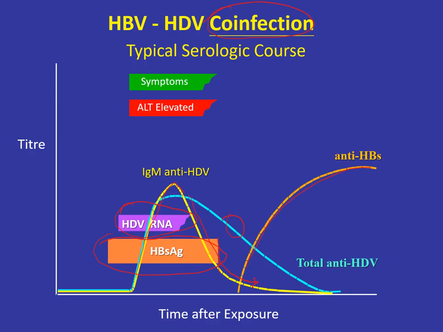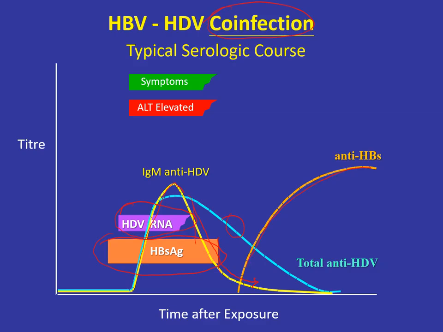Since this is self-limited, the HDV RNA production inside your hepatocytes will also stop, and then the patient will have resolved hepatitis D. Okay, so both your hepatitis B and hepatitis D will be resolved.